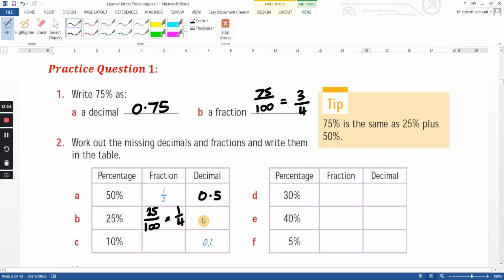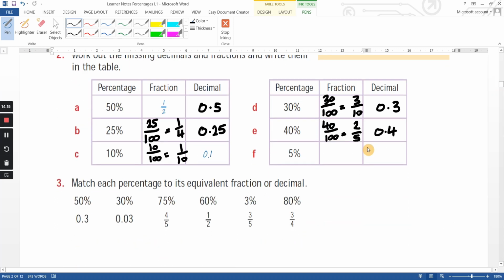And as a decimal, that would be 0.25. 10% as a fraction is 10 over 100, which simplifies to 1/10, and they've already written the decimal. 30%, 30 over 100, simplifies to 3/10. As a decimal, that would be 0.3. 40% is 40 over 100, simplifies to 2/5, and you've got 0.4 for that.